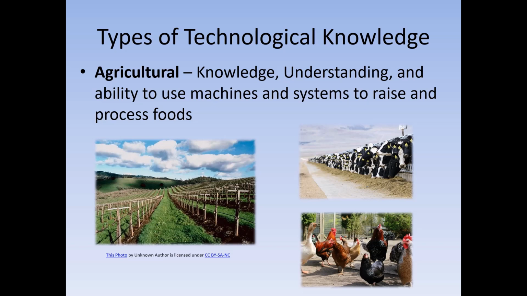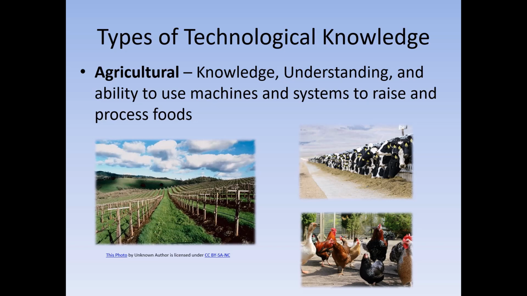So agricultural knowledge is our knowledge, understanding, and ability to use machines and systems to raise and process foods. So it says systems here. We'll explain systems shortly, okay? But just write this definition down.